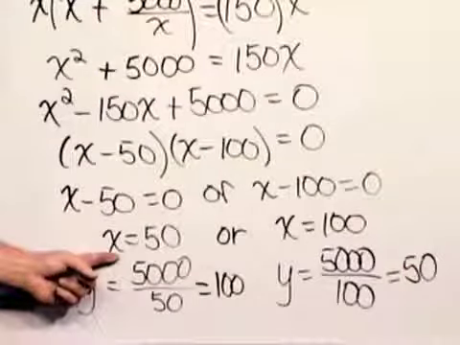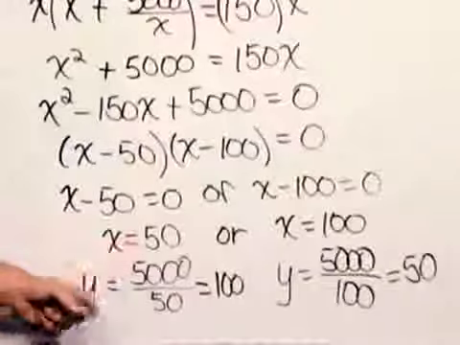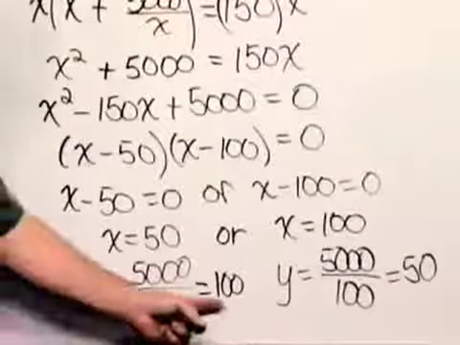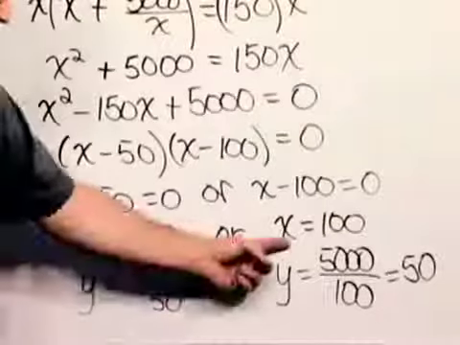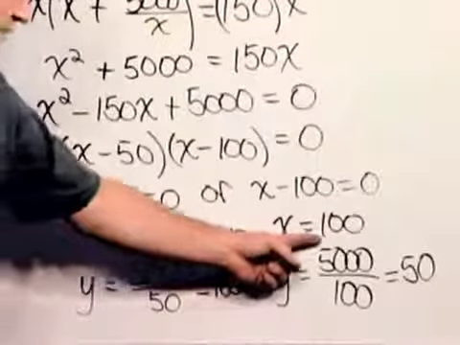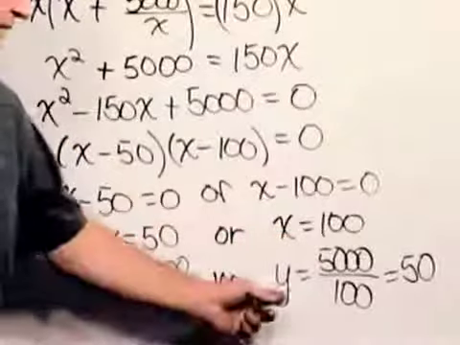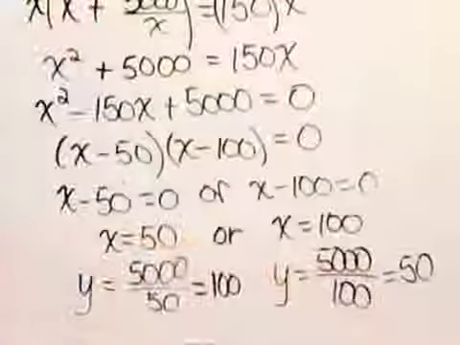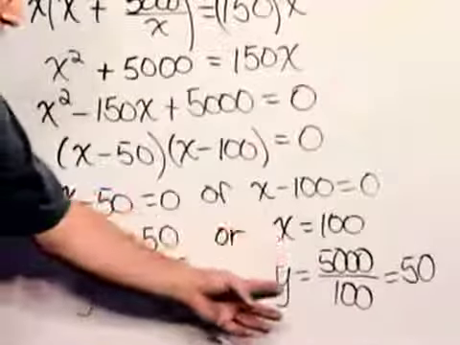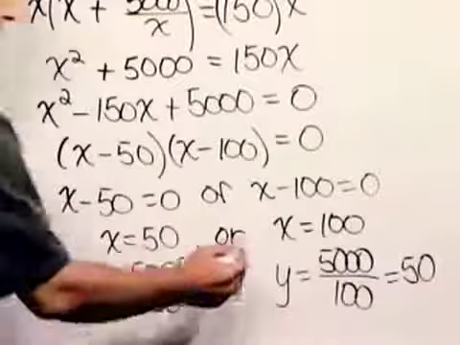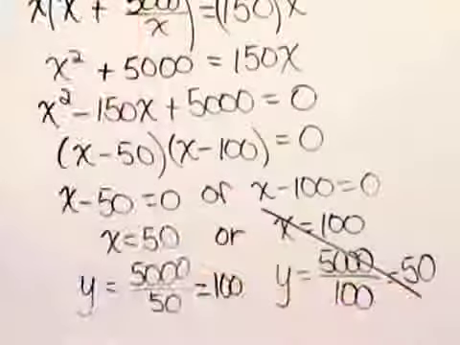That x, which is the width, equals 50, and y, which is the length, equals 100. Or we have x, which again is the width, which is 100, and y, which is the length, of 50. Well, of course, we normally think of the width being shorter than the length, so we would not take this one as the answer.